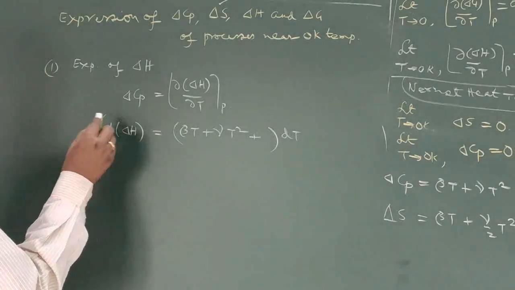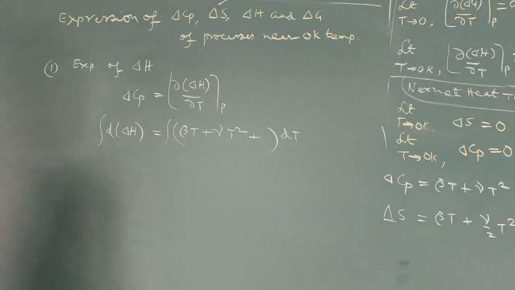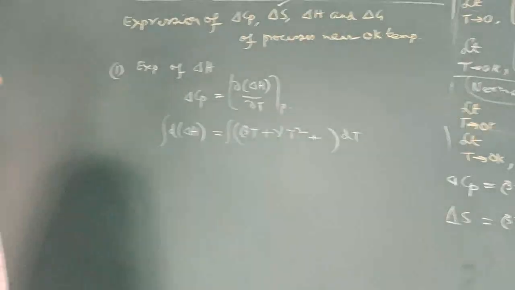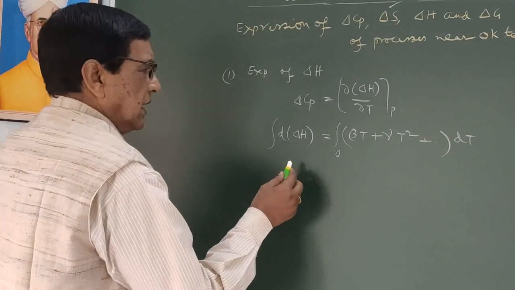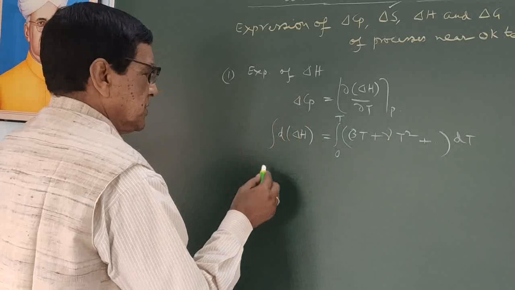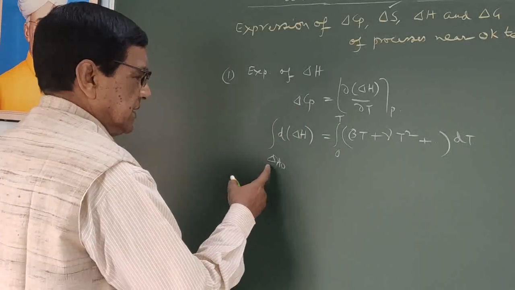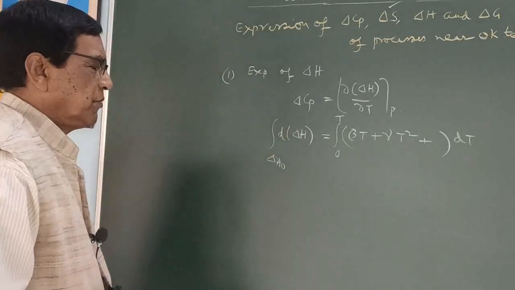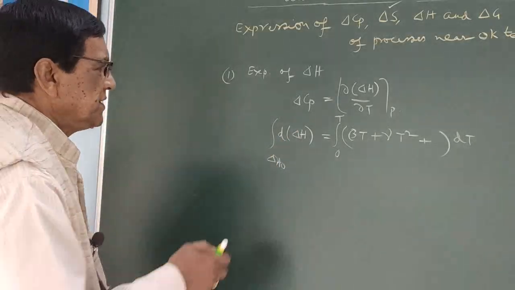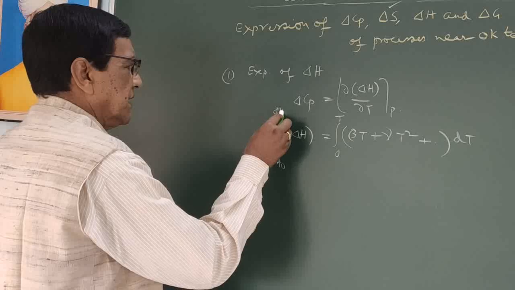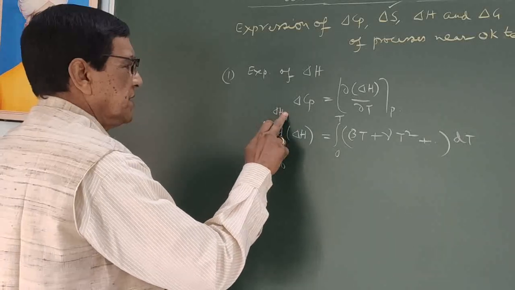If we do the integration from 0 to T, suppose, and here it is delta H naught. It is the enthalpy change of this process at 0 Kelvin temperature, and this is the delta H T at this temperature T.